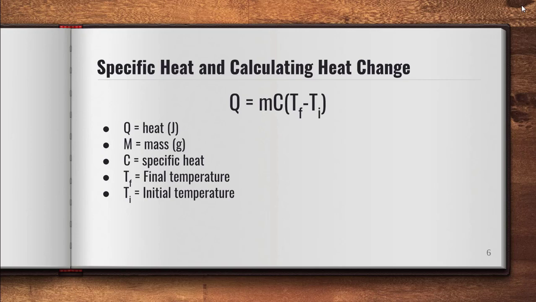The change in temperature is always the final temperature minus the initial temperature. So all you do is you plug your numbers in and you solve for whatever unknown variable we're looking for here. Q is heat. Totally makes sense, right? Q would be heat. M is mass. C is the specific heat, which is, again, a constant value that I'll give you. Final temperature, and then the initial temperature, which is TF minus TI.